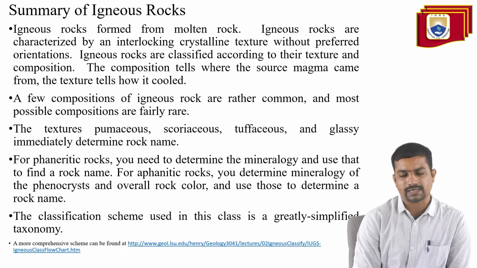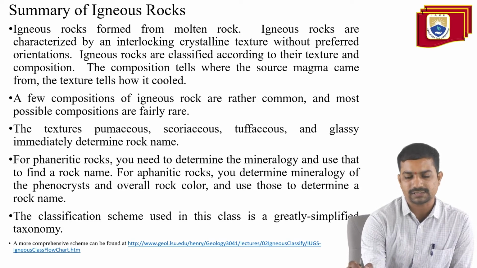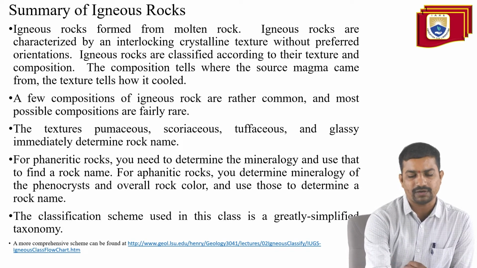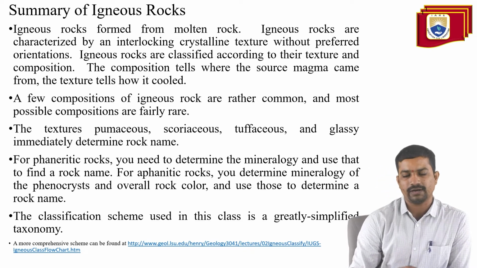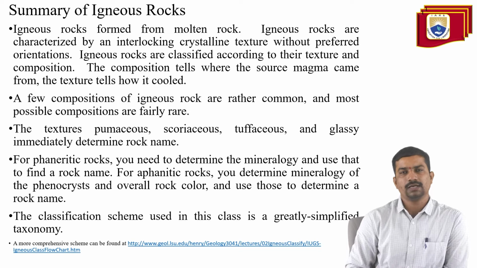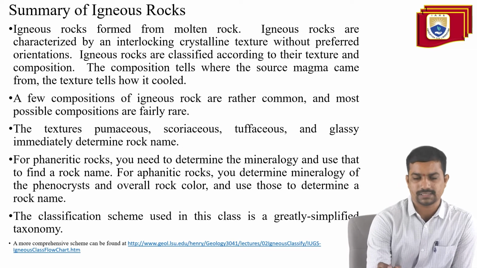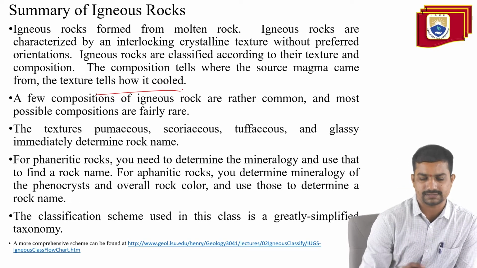Igneous rocks are characterized by interlocking crystalline structure without preferred orientation. Igneous rocks are classified according to their texture and composition. The composition tells where the source magma came from, and the texture tells how fast it cooled.